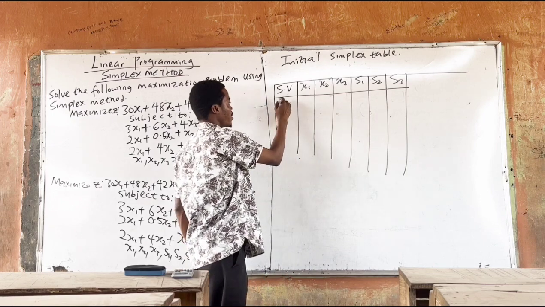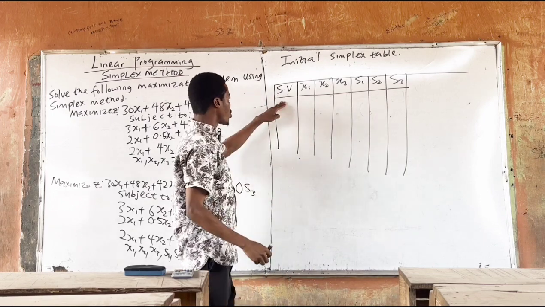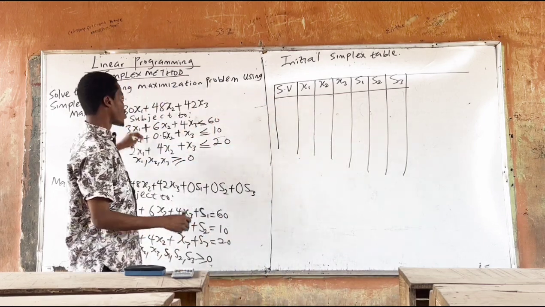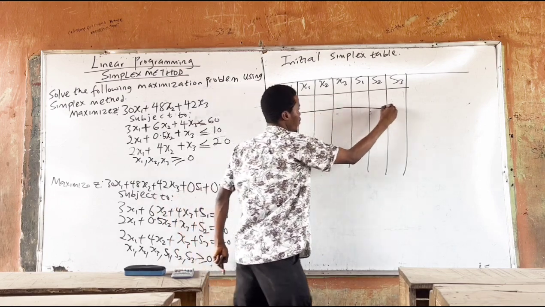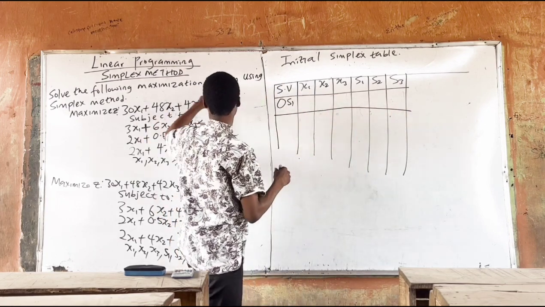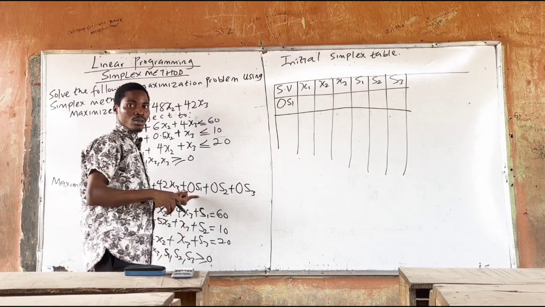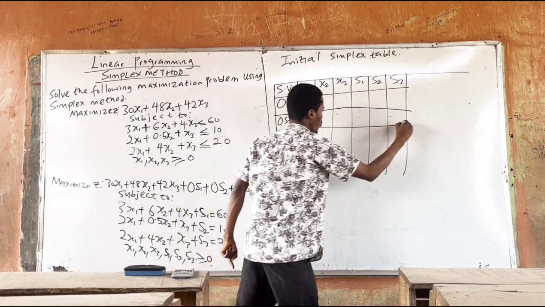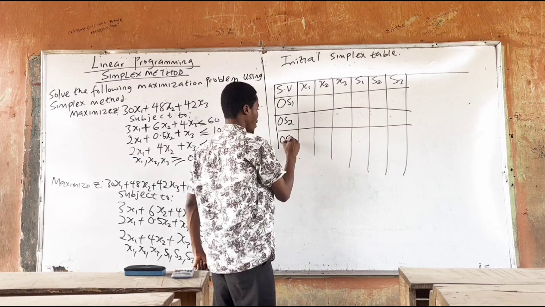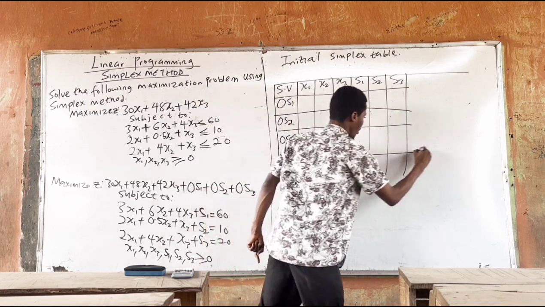Here is going to be my slack variables, that is, 0 for slack variable 1, which I added to the objective function, 0 for slack variable 2, then 0 for slack variable 3.